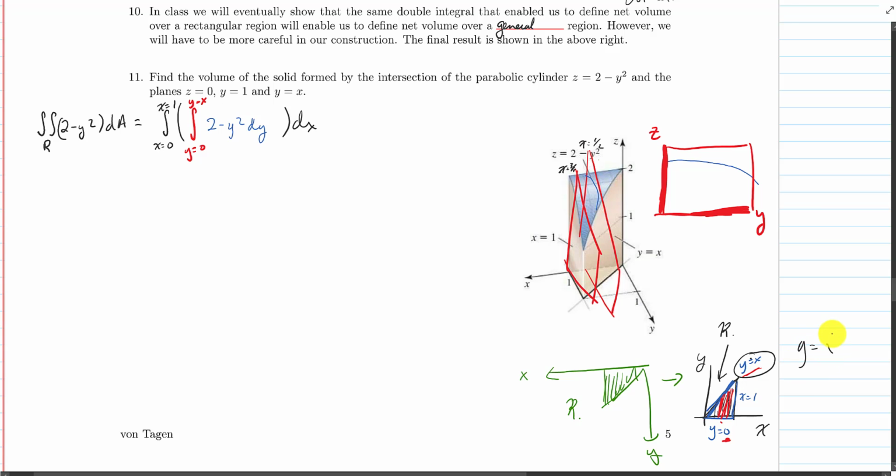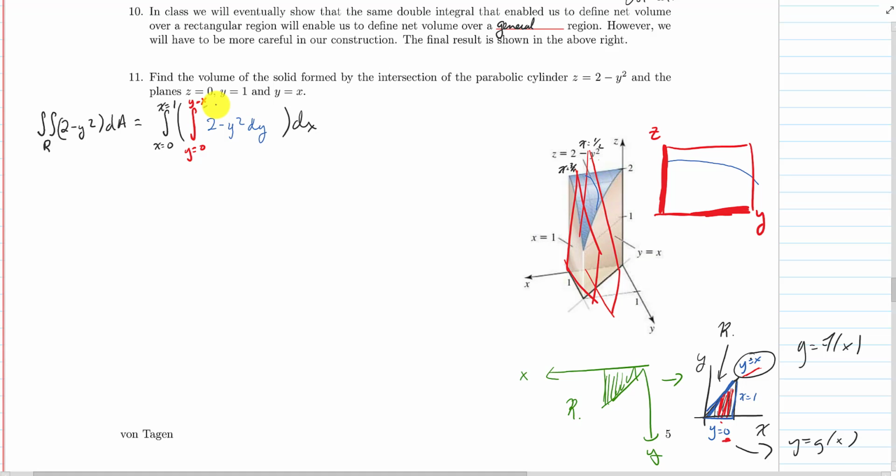And down below, we could have had any curve y equals g of x. So what I'm doing here is not putting a number as the upper limit, but a function. In this case, y is a function of x.